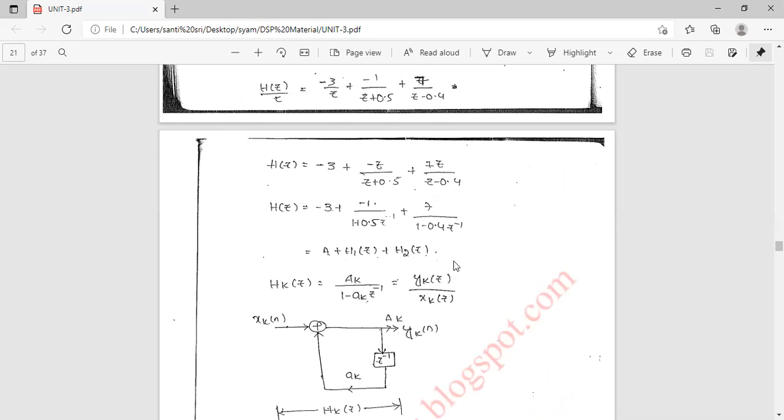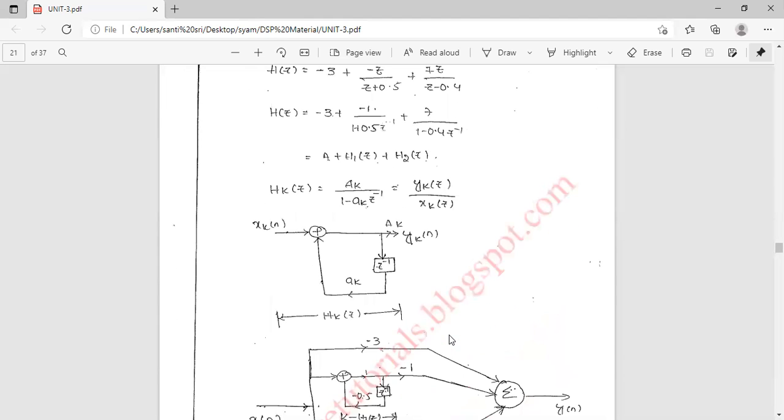It is equal to yk of z by xk of z, right? This is hk of z.